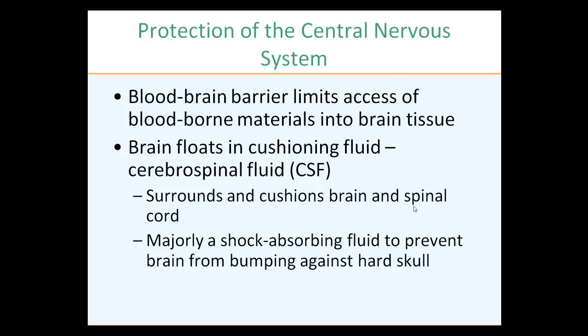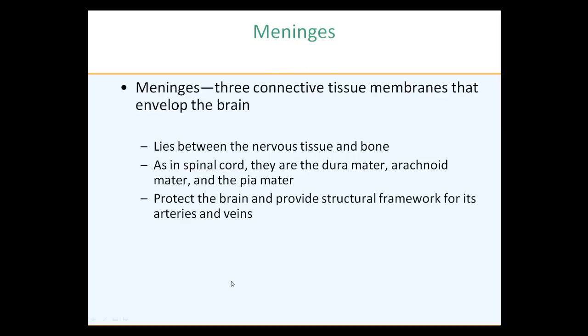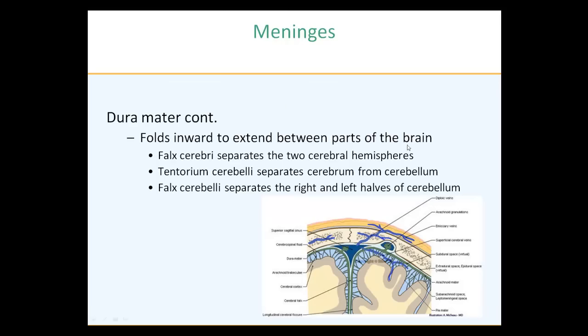And so it allows the brain movement, but without being bumped, without sinking into the bony skull or rising above something that is much heavier than its own density. And so it's really the main function of the cerebrospinal fluid. It's a shock absorber to prevent the brain from bumping against the skull, or preventing the spinal cord also from bumping against the bones.